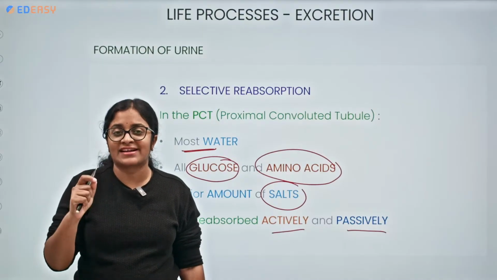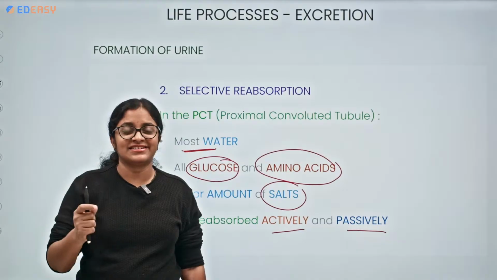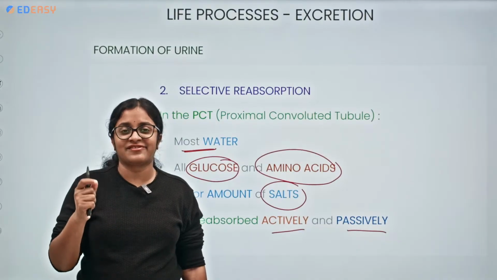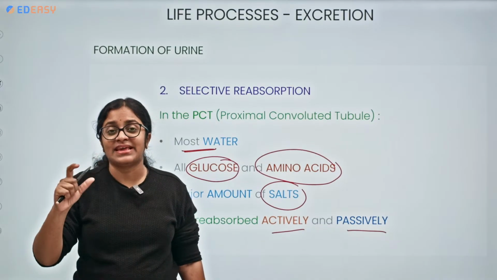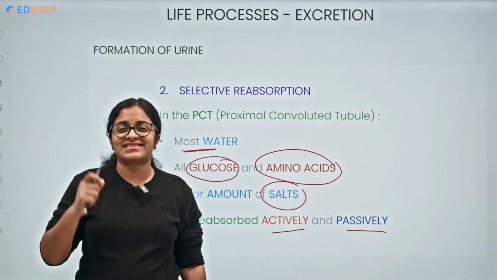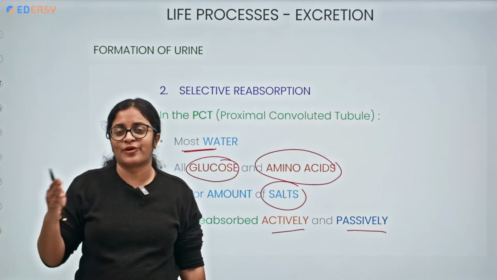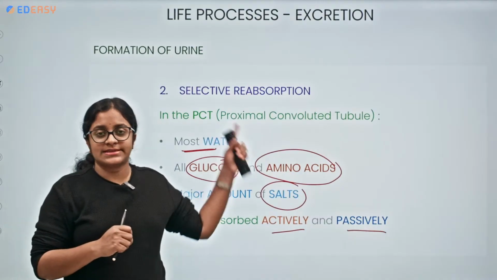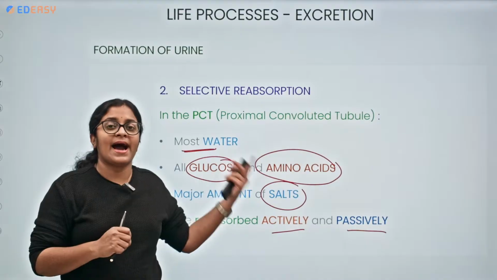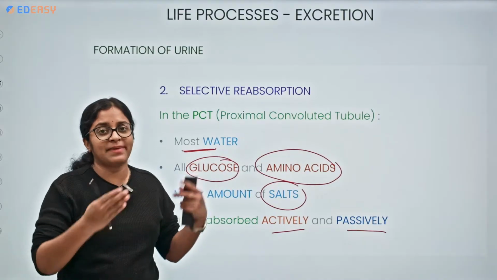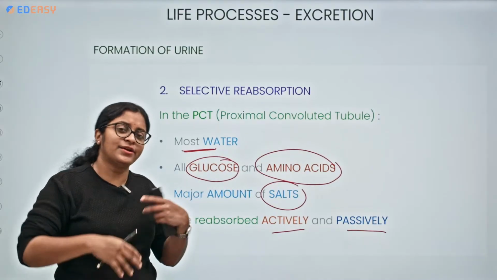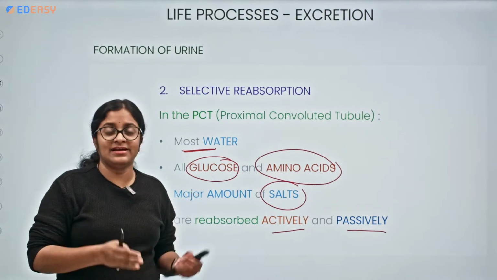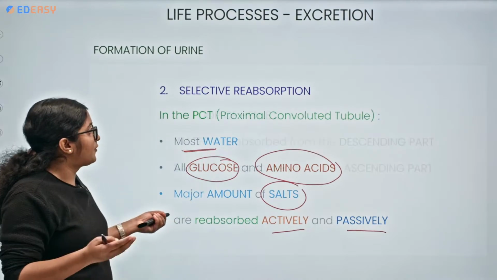Whenever the word active comes, it means that it is associated with active transport, the ATP, energy requirement. Passive means just purely based upon the concentration gradient or the diffusion gradient. So the selective reabsorption process occurs both actively or passively based upon the concentration gradient, or some may even utilize energy in the form of ATP.